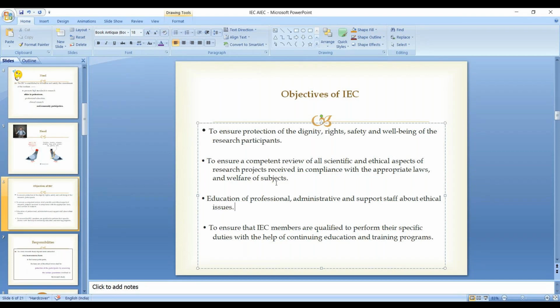For that reason, all these education professionals, all these members, have a training program under GCP guidelines. They have a training program, Good Clinical Practices, and it is mandatory that they should attend that GCP, and it is a continuous program.